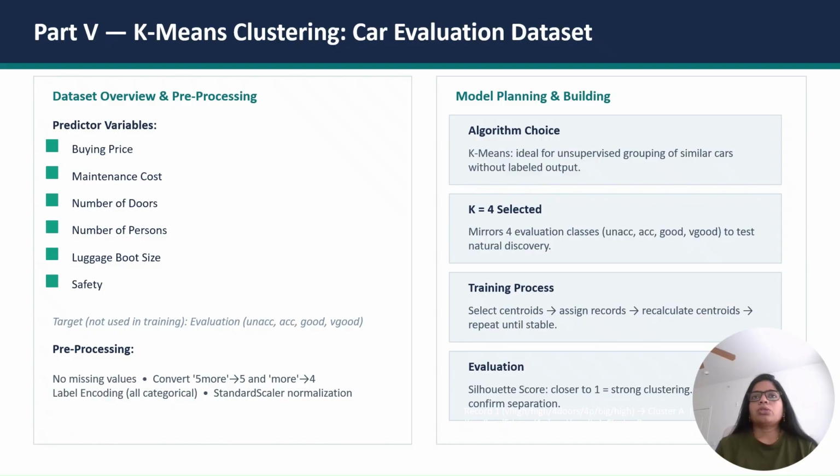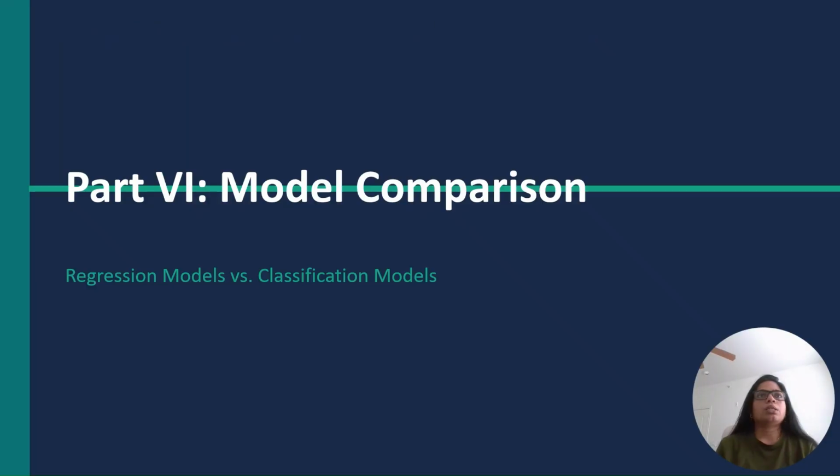When the Silhouette score is close to 1, it means our clustering model is very strong. So this is how we are going to build the model, train the model, and then evaluate the model, which I will be discussing in the next slide.